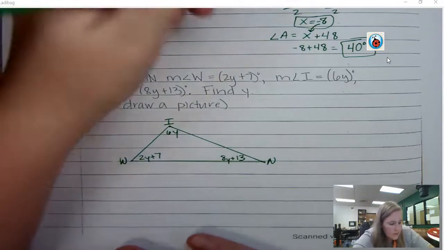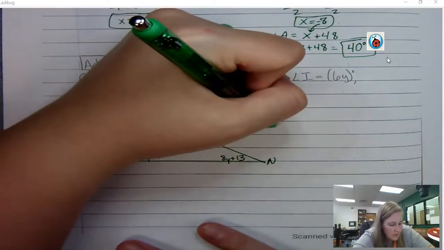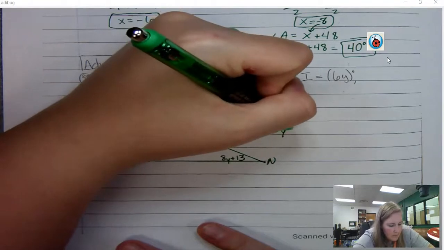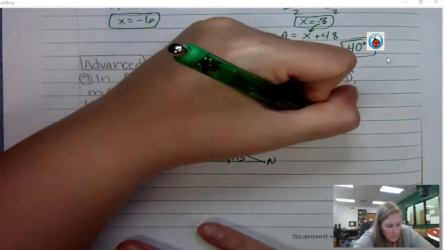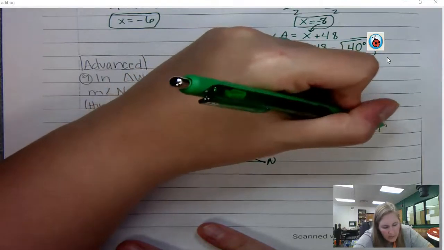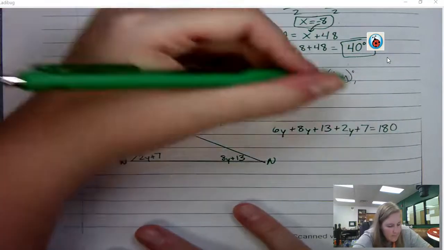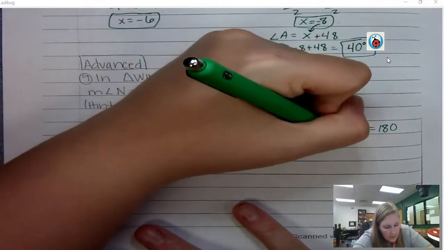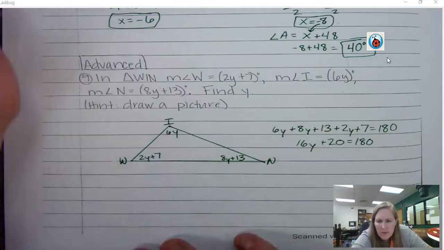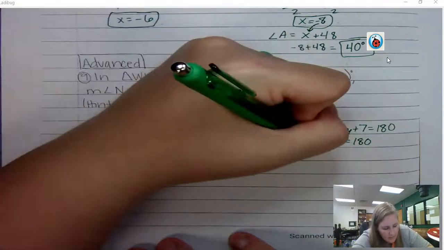And then once you do this, you can figure out that you need to just add all of them up together. Equals 180. So 16y plus 20 equals 180. This one comes out very nicely.